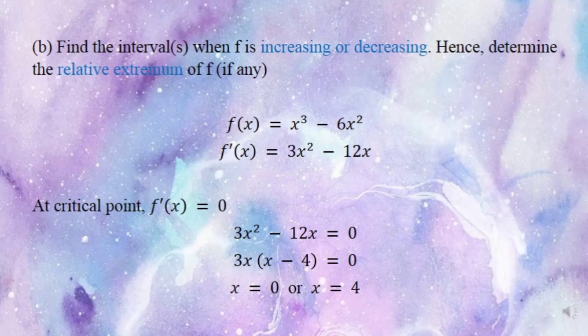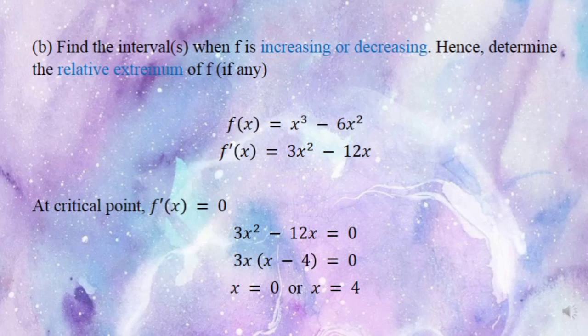Next, question B: find the intervals when f is increasing or decreasing. Hence, determine the relative extremum of f. f(x) equals x cubed minus 6x squared. Using the first derivative test, we need to differentiate the function. Therefore, f prime of x equals 3x squared minus 12x.